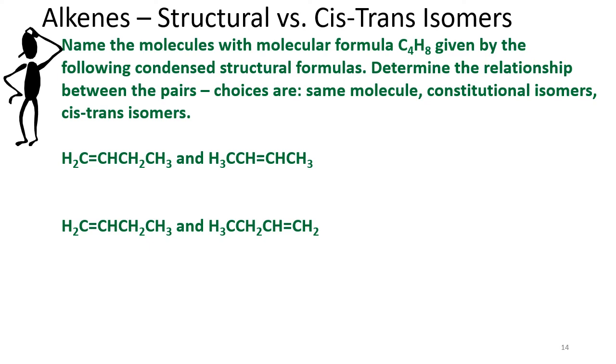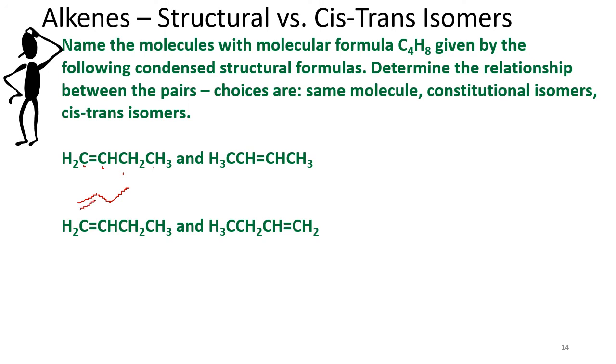And welcome back. If we go ahead and try to draw these as line angle formulas, I see that I have 1, 2, 3, 4 carbons. 1, 2, 3, 4 carbons.